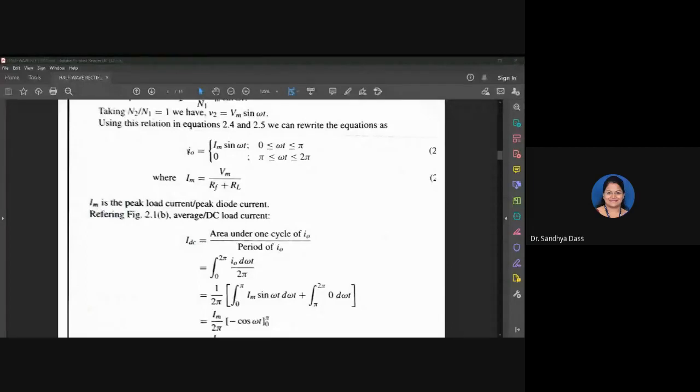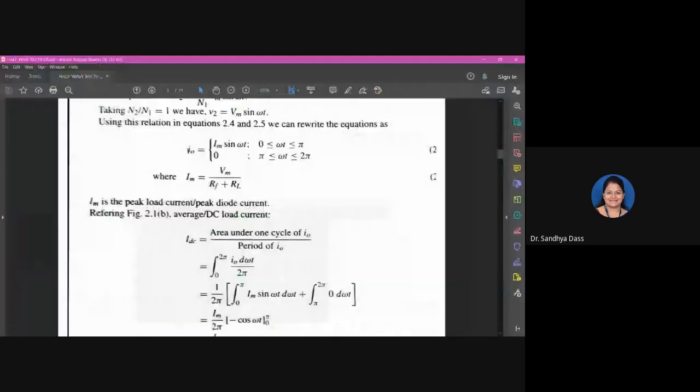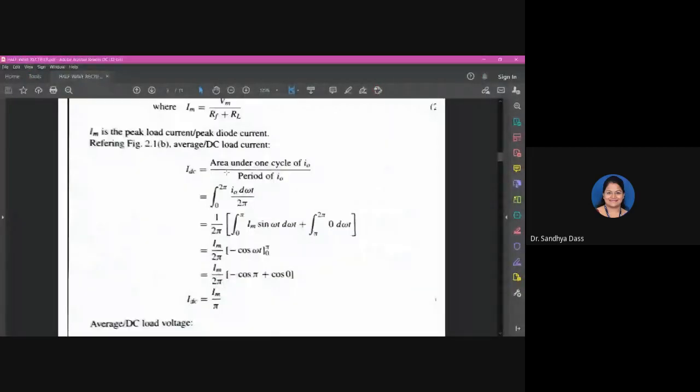So the average is the area under one cycle of I naught by the period of I naught. So you will integrate between 0 to 2 pi and substitute the current there, I naught d omega t by 2 pi. The total period is 2 pi. Now we have the current in two time instants, between 0 to pi and pi to 2 pi.